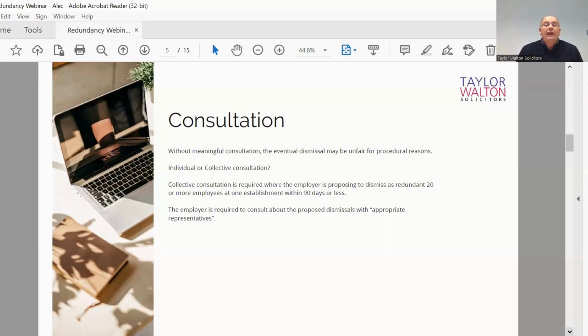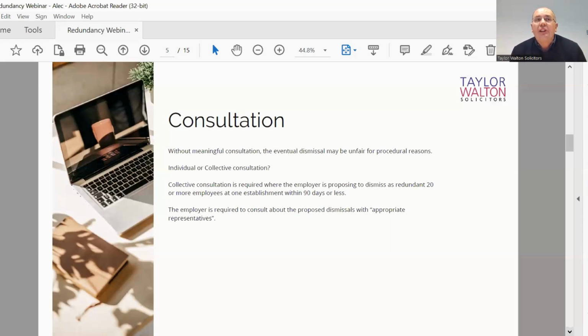This falls within what is known as Section 188 of the Trade Union and Labour Relations (Consolidation) Act, or TULRCA, where it sets out the requirements for collective consultation.